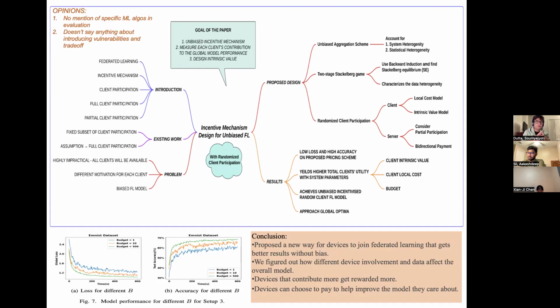Also, for distributed systems in practical scenarios, you might have some security vulnerabilities, and the authors do not mention whether their new algorithm introduces any new security vulnerabilities or not. Also, they forgot to mention the trade-offs, like maybe different clients' local models have different machine learning algorithms, and how we are supposed to manage that.